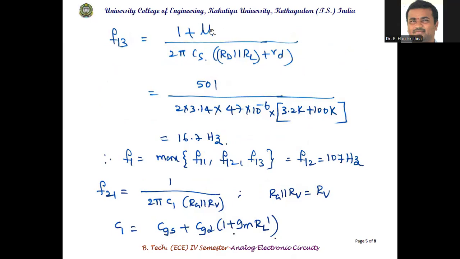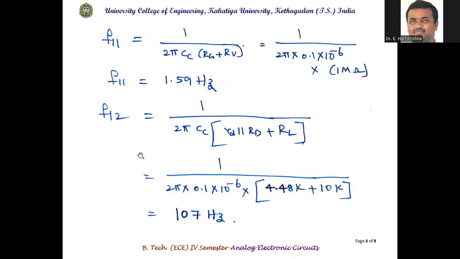So the mu value substituted, 500, becomes 501, 2 into 3.14. Cs is 47 microfarad. RD parallel RL is 3.2K plus 100. The computation answer is 16.7. So F1 is equal to the max of F11, F12, F13. The answer is F12, which is 107 Hz. This is the coupling capacitor at the output side.